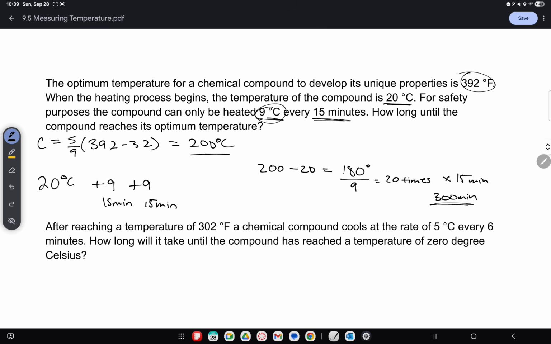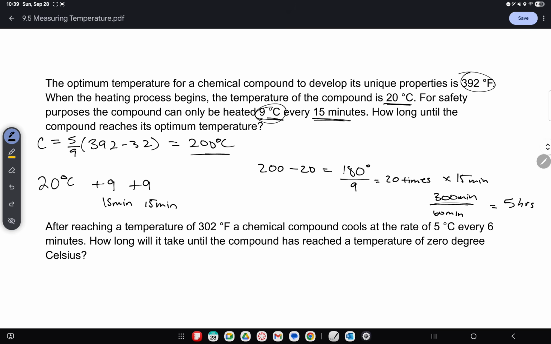And that's okay to leave it like that. To me, I can't look at 300 minutes and know what that means. So if I divide by 60 minutes, because there's 60 minutes in an hour, I get 5 hours. That is a little bit easier for me to work with, only because I don't want to set a 300-minute timer.